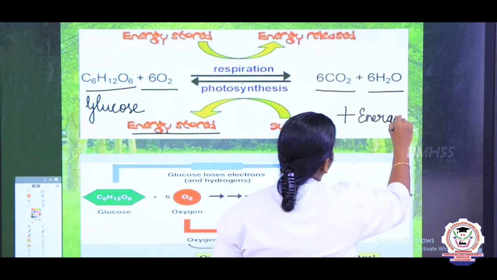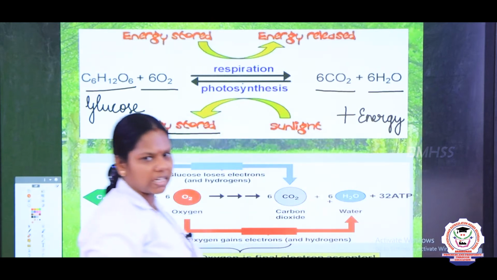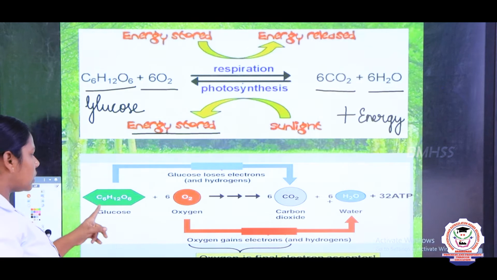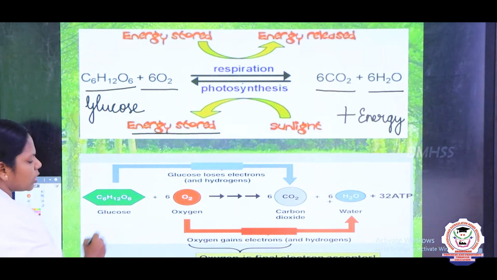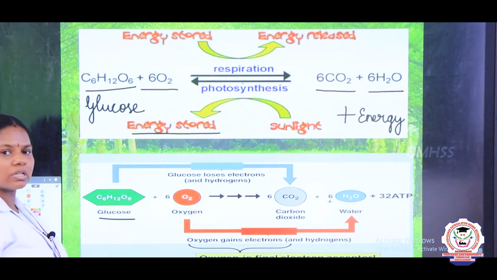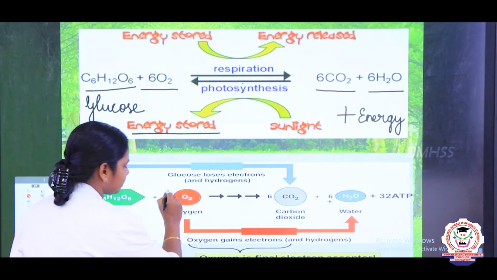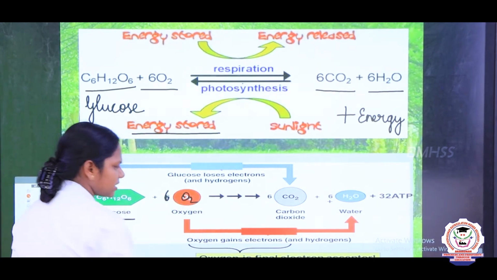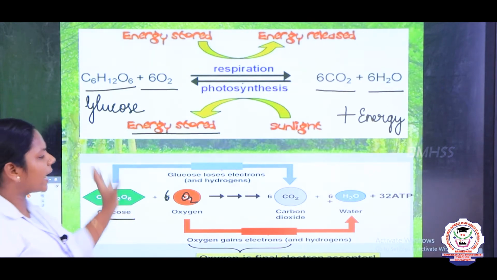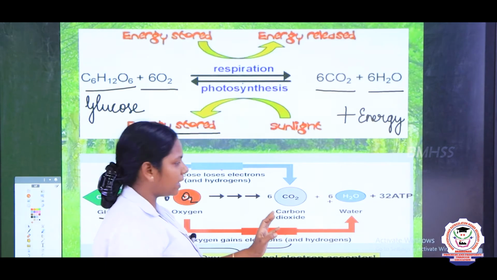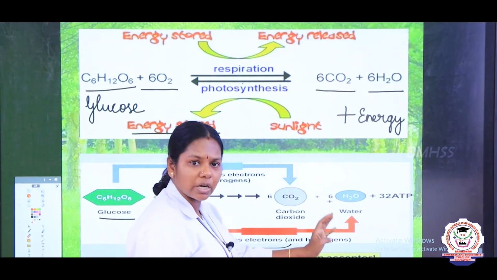So now let us see how many molecules of oxygen are spent to break one glucose molecule. C6H12O6, one glucose molecule, requires 6 molecules of oxygen, 6 O2, to get converted into 6 molecules of carbon dioxide plus 6 molecules of water.